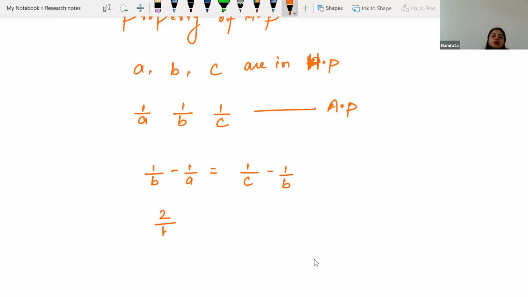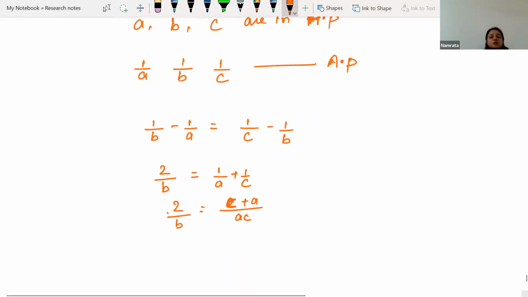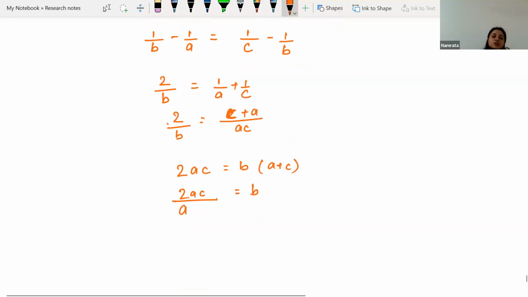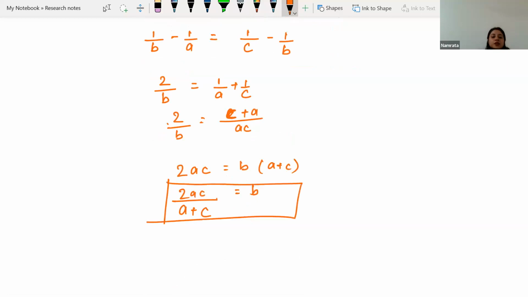If we bring it to one side, it will be 1 by A plus 1 by C. If we calculate it, here it will be AC, here it will be C plus A, and here it will be 2 by B. So if we do crisscross, 2AC is equal to B times A plus C, and then B is equal to 2AC by A plus C. This is the formula for HP. How did it come? It just came from AP.